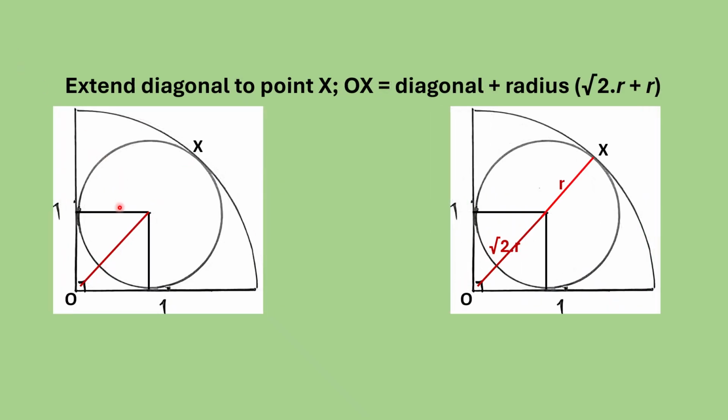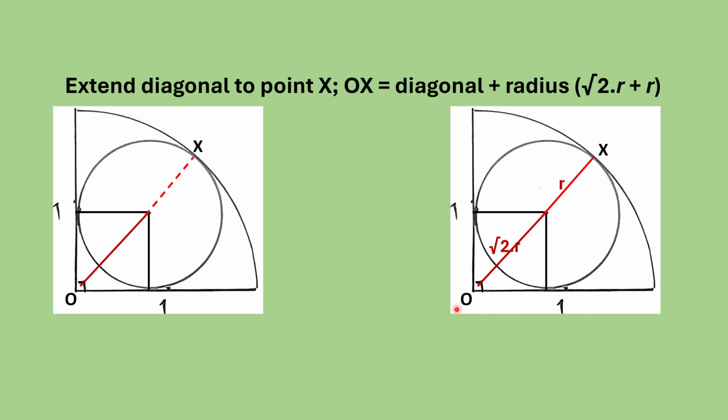Now extend this diagonal to the point X. We already got the diagonal. From this center of the circle, extend this diagonal to touch the arc, so that what you are getting? An OX.